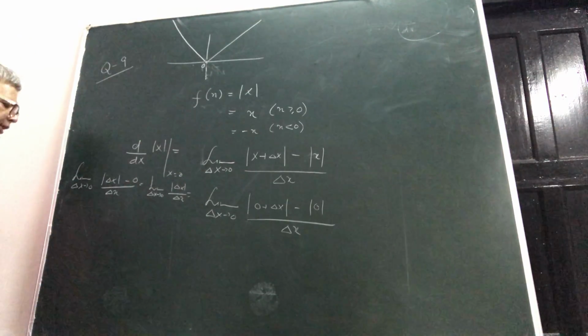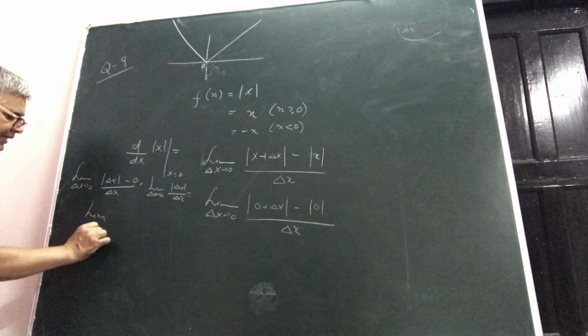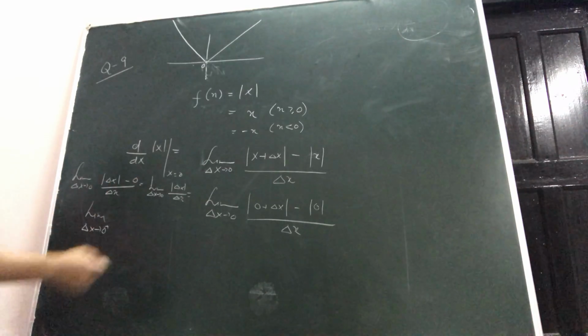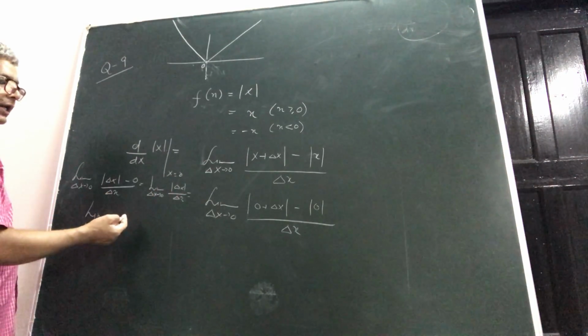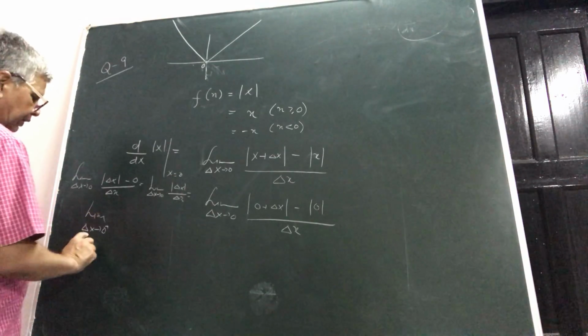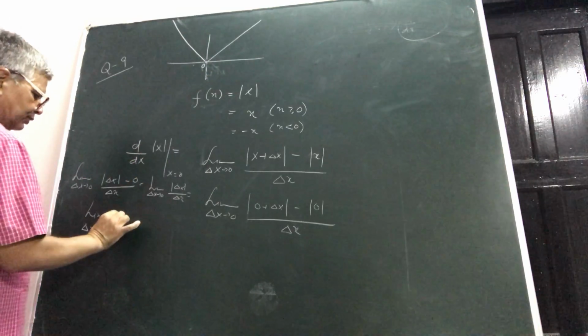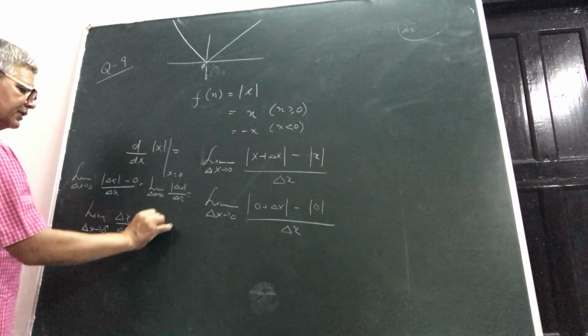Now let us take 0 plus. Mod delta x will be positive only. If on the right side we are going, everything is plus, so no issue. It is delta x upon delta x, so the value will be plus 1.